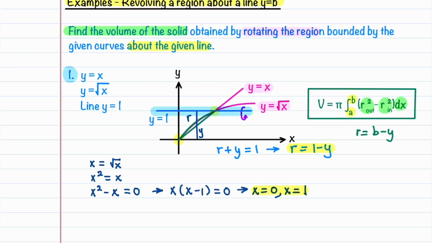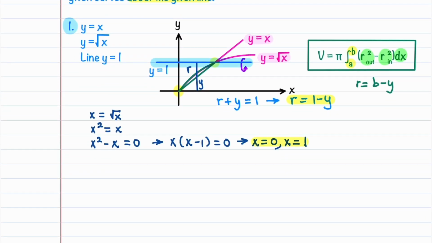Now we can go ahead and write down our formula. Our volume is pi times the integral from a to b, our outer radius squared minus our inner radius squared. And because our line is parallel to the x-axis, we're integrating with respect to x.